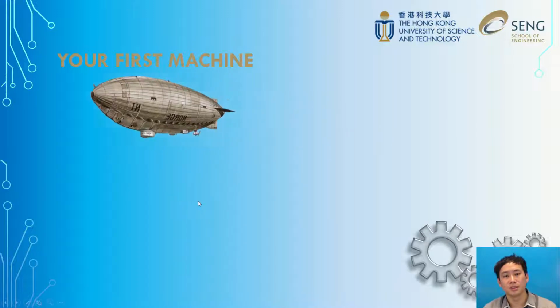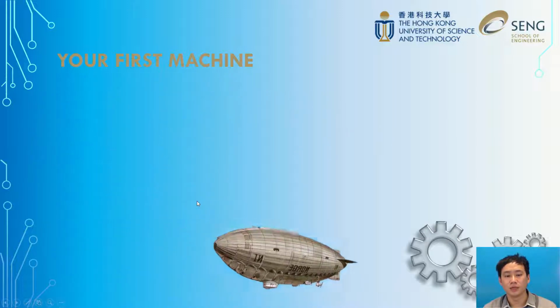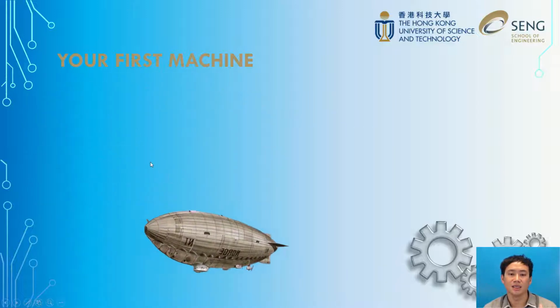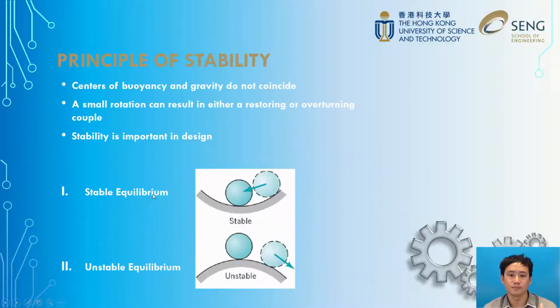And the solution of this problem depends on your understanding about the stability of the airship. The principle of stability is that in equilibrium condition, the system will have a net force equal to 0, because the center of buoyancy and center of gravity will always act on the same line, and they will always cancel each other out in equilibrium condition.